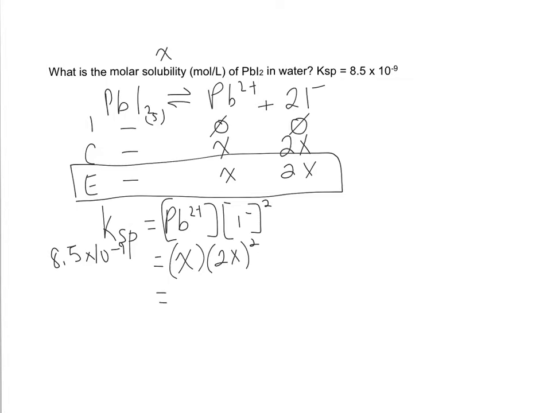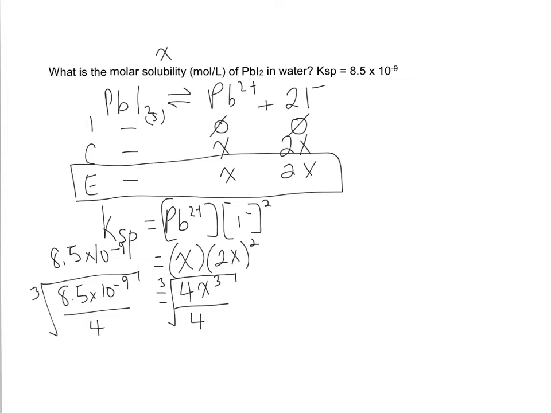So this side is equal to 4x squared times x, so 4x cubed. So divide both sides by 4, and then take the cubed root of each side to solve for x.